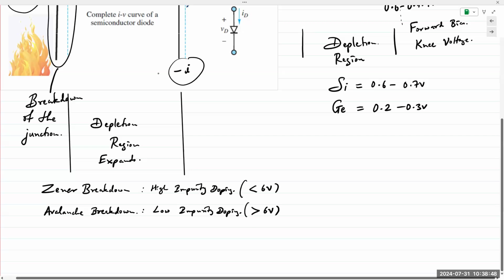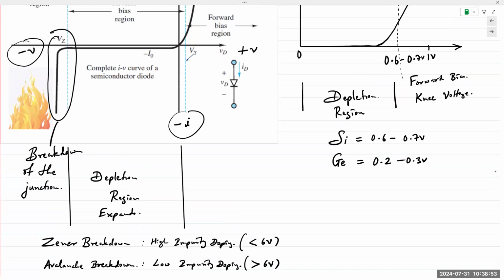But once it breaks down, the voltage across that junction remains near constant, meaning you can increase the voltage you're applying to this diode, but the voltage across the diode will remain constant. This is very important because one of the devices that we learn about is the Zener diode. The Zener diode is specifically engineered and fabricated to hold a voltage across its terminals constant. Okay, it holds the voltage across its terminals constant.